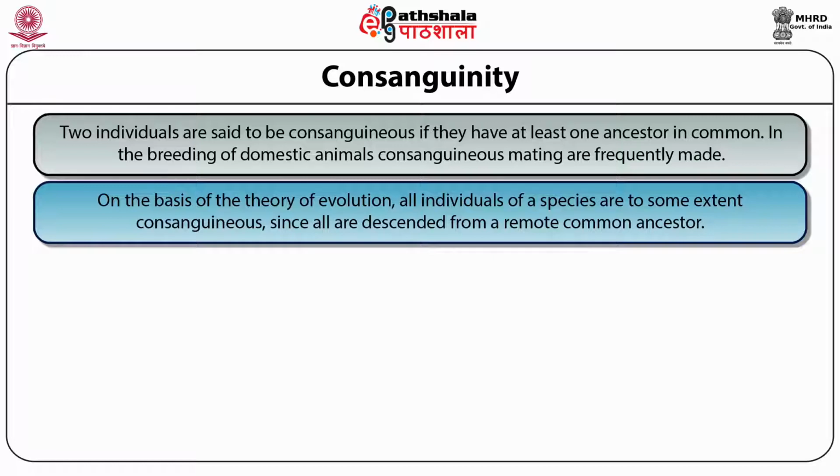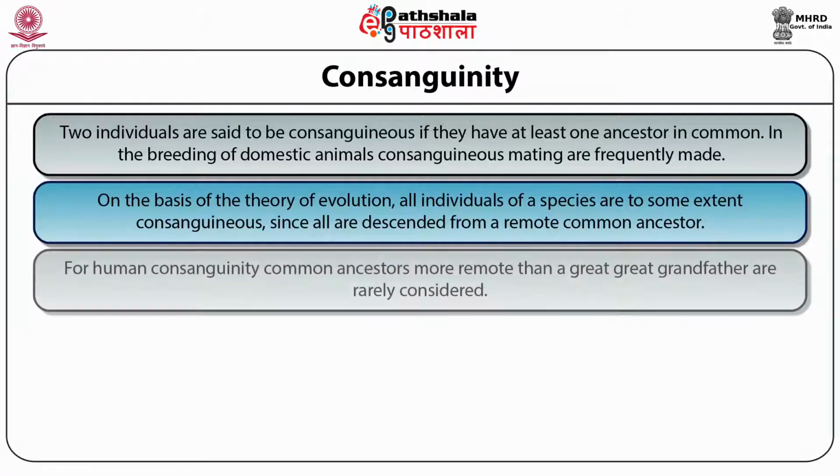Consanguinity and level of inbreeding must therefore be defined as applying only to relationships established after some evolutionary time point at which, for convenience, everyone is considered to be unrelated. In practice, for human consanguinity, common ancestors more remote than a great grandfather are rarely considered.